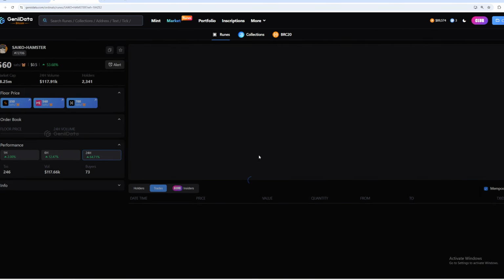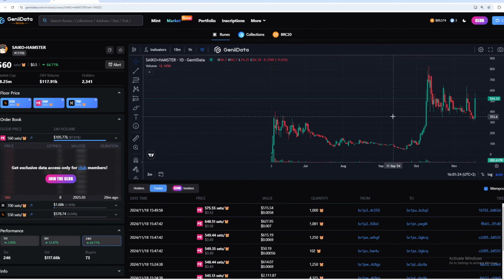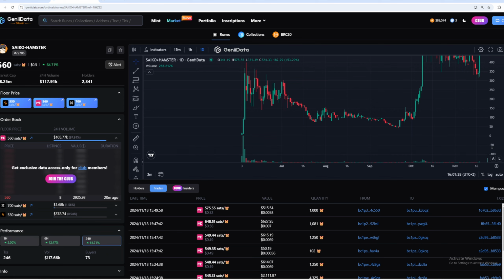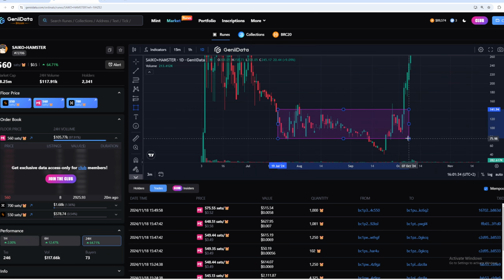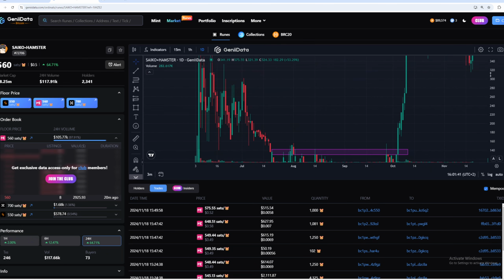And I can show you another one here on Psycho, if I remember correctly. Here we go. It had a pump, it dumped, started accumulating, broke down, but then once this level was reached, you could see that it just went to the stratosphere.